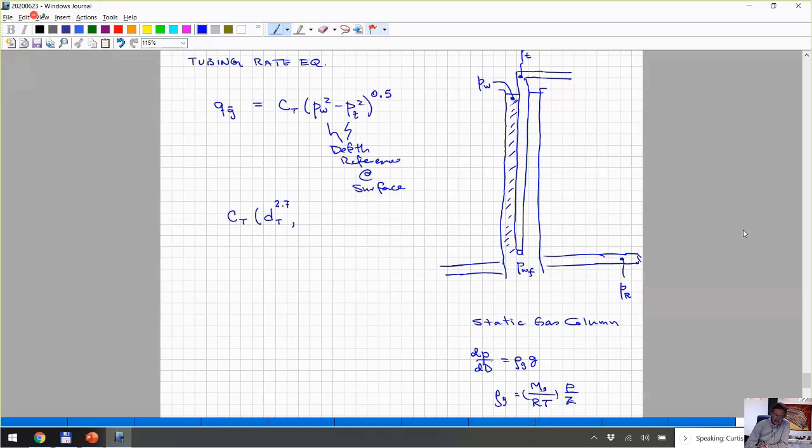It's also a function of the true vertical depth, or actually the actual length traveled if it's inclined, but I'll just put true vertical depth. And I believe the S term may also be in there, but mainly these are the two main factors of this constant: the tubing diameter and the length of the tubing. So this is all for dry gas, with basic approximations.